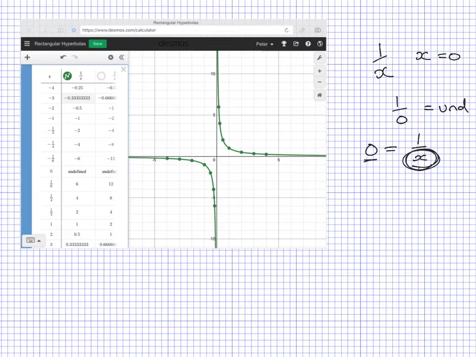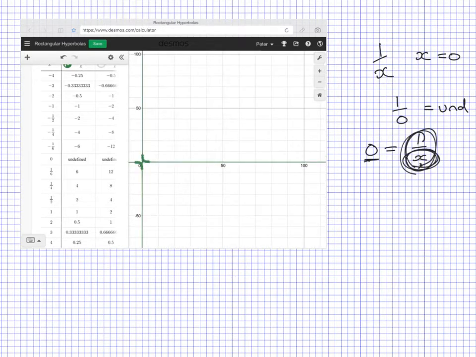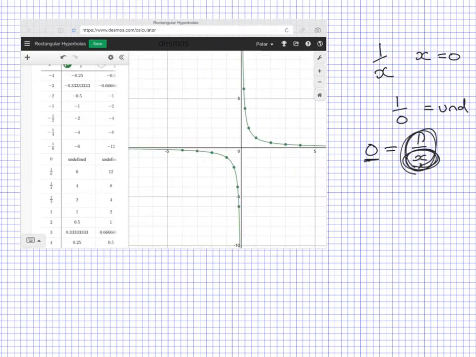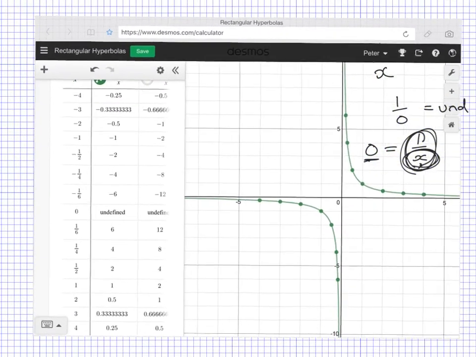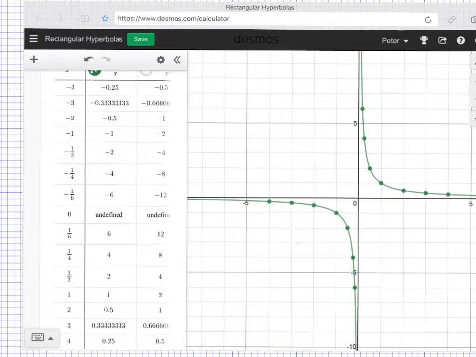No. A small value for x makes a big fraction. A big value for x makes a small fraction. It will never be equal to 0. So that's just a couple of examples of why it never hits the x or the y axis. All right, so I'll bring this back. I will get rid of that text there.